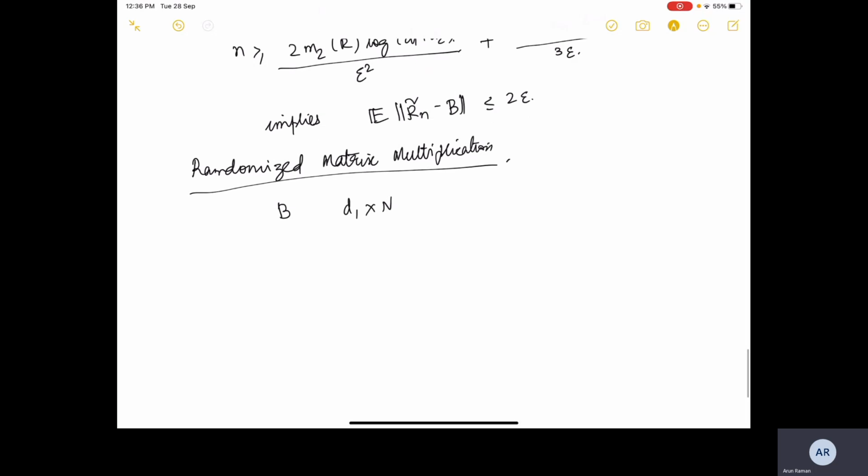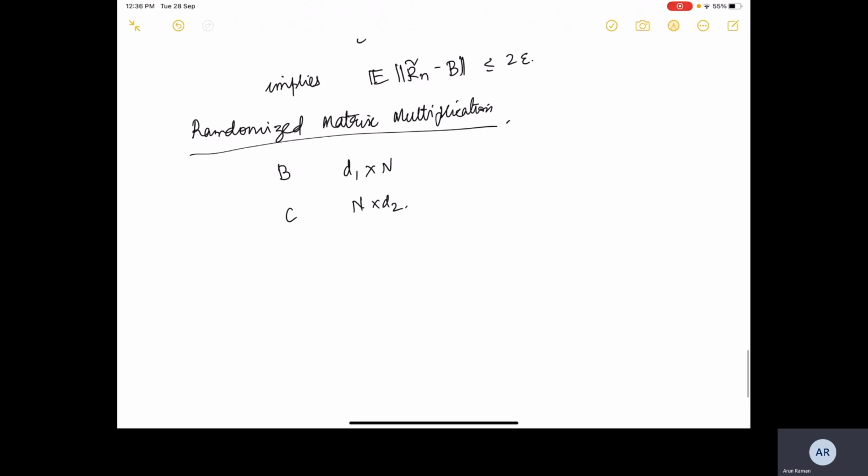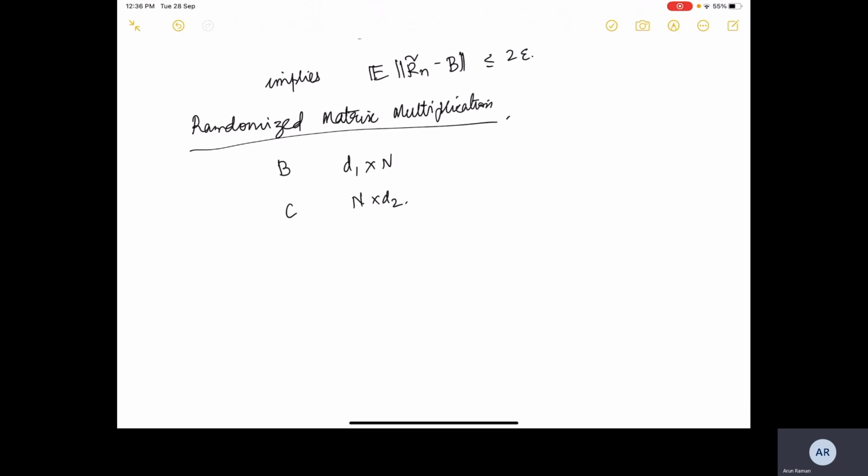So we have two matrices B and C. B is d1 cross n and C is n cross d2. What we said was that if we want to do the traditional multiplication, then we would have written it as follows.